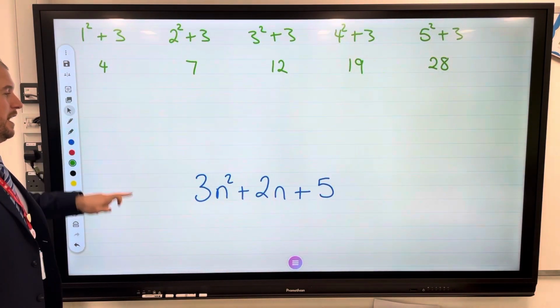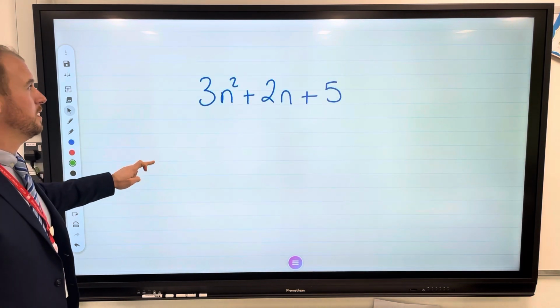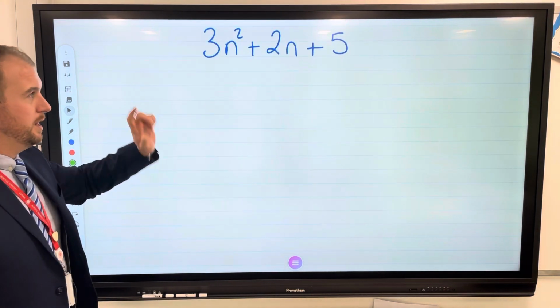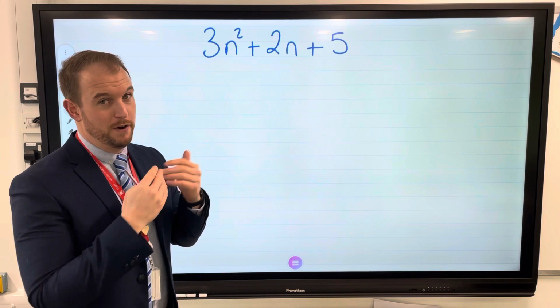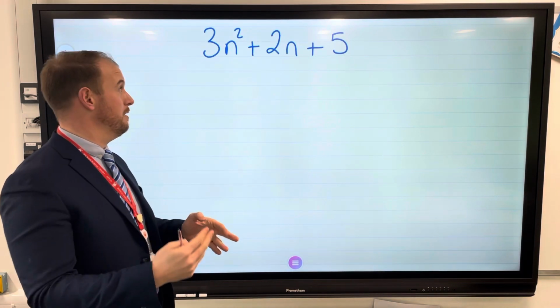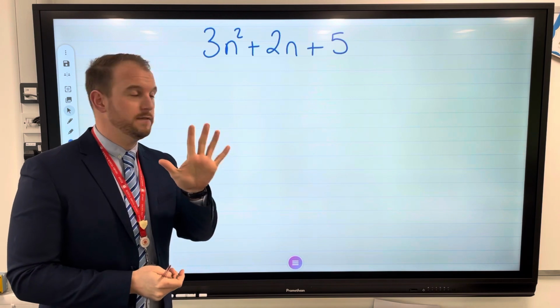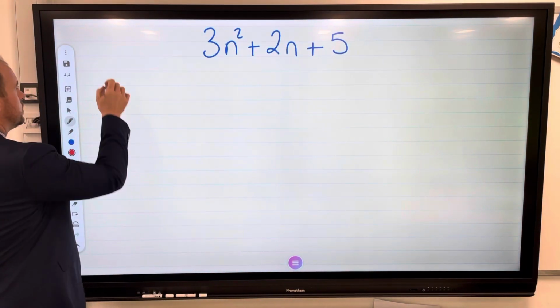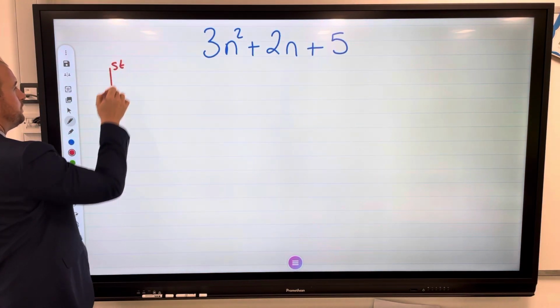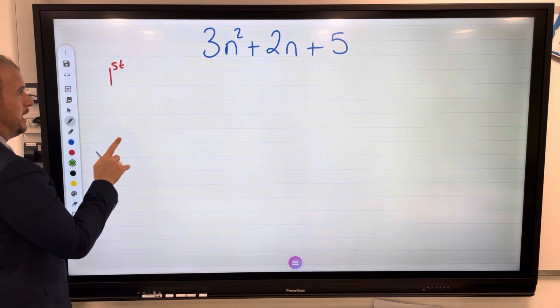Right, these are getting more and more difficult. Okay, this one here, yes, it is very extensive, it's more higher tier now, but using substitution, we can easily work out our first 5 terms. So the first term is when n is 1.